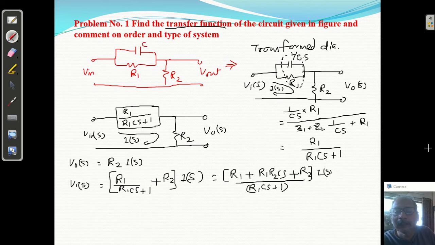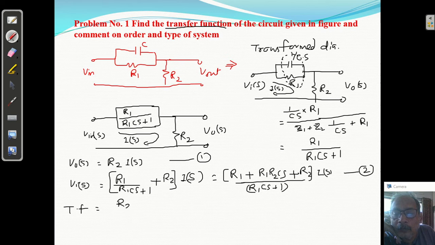So we got V out in equation number 1, and V in in equation number 2. So V out upon V in, I of S will be cancelled. So the transfer function equals what? This upon this, 1 upon 2.